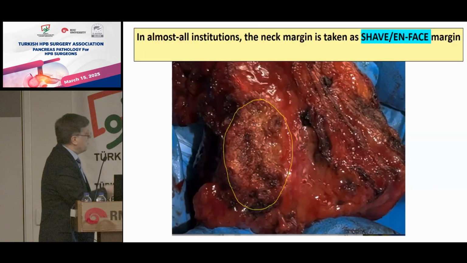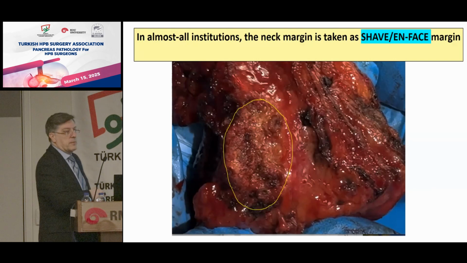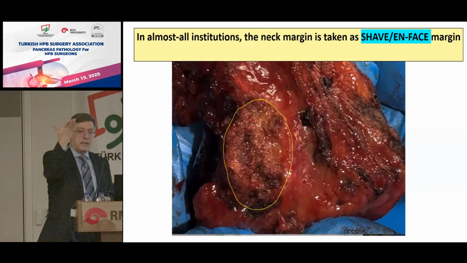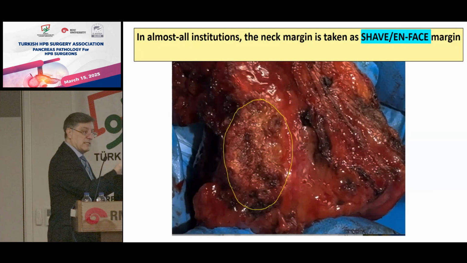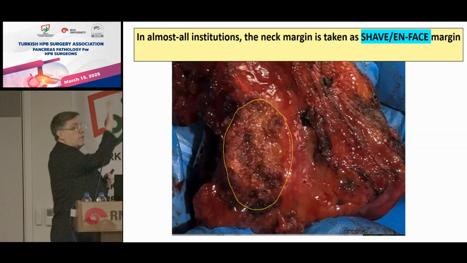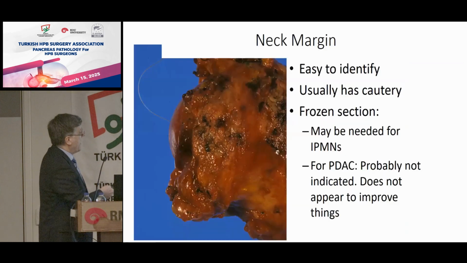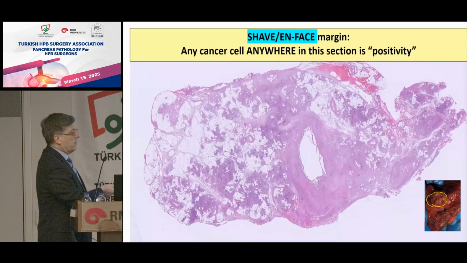But more important for surgeons, almost always we take this neck margin as shave en face. What do we mean by that? We take a very thin slice and we look at that face en face, and the whole face is margin. So when I have this slide as an en face margin, this is the main duct, the pancreas, fatty.